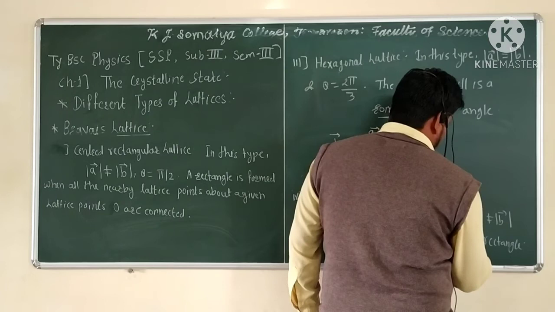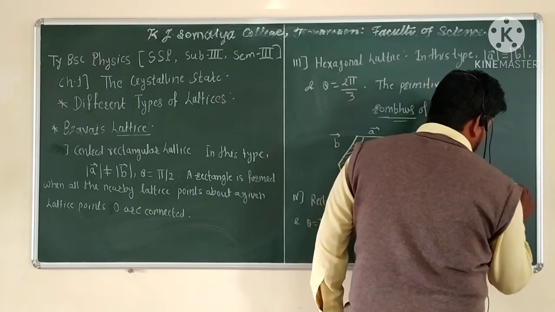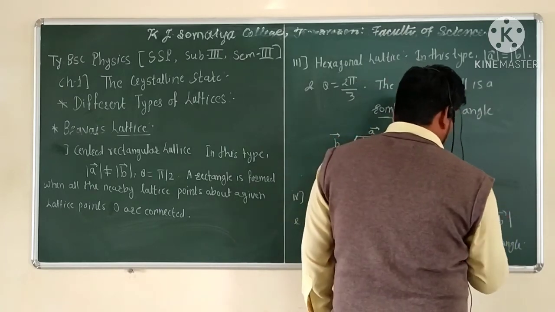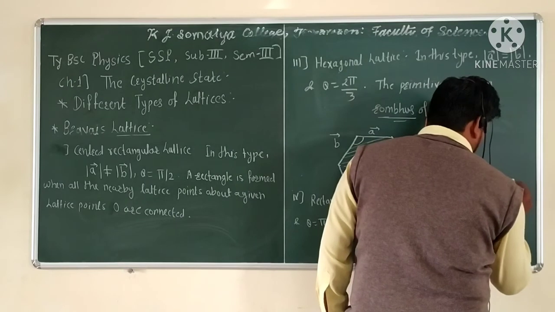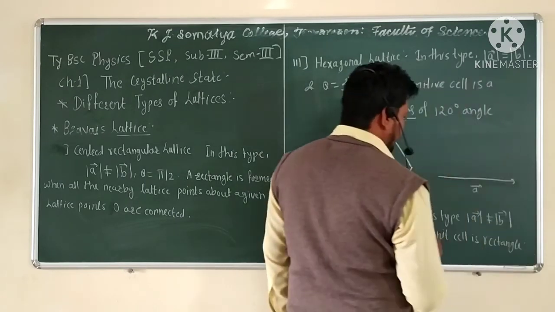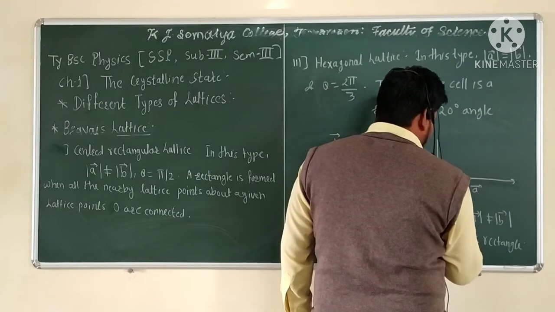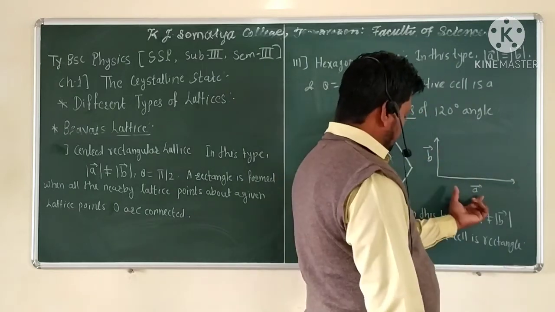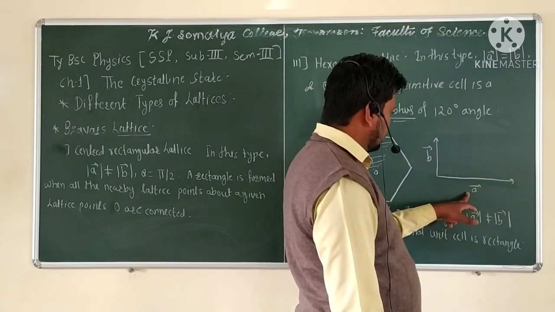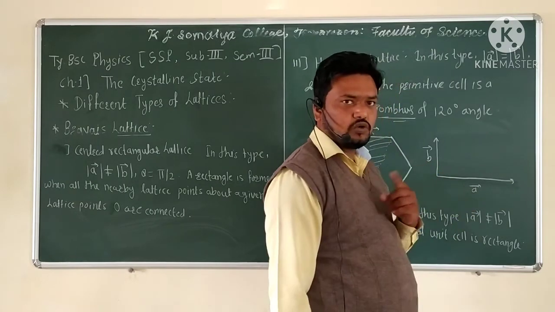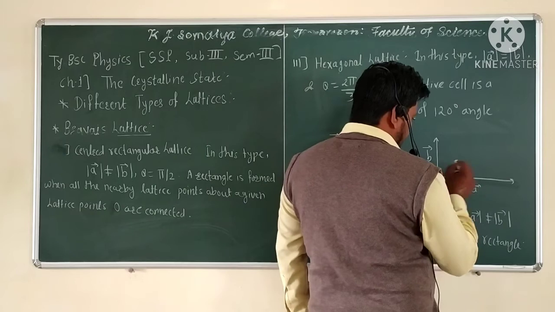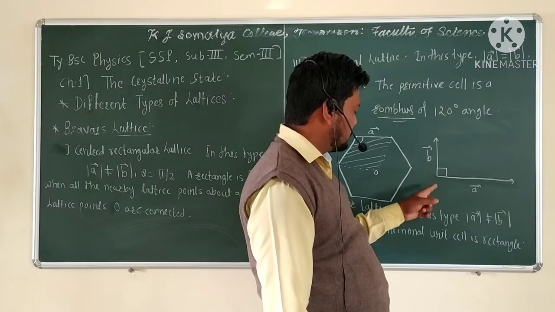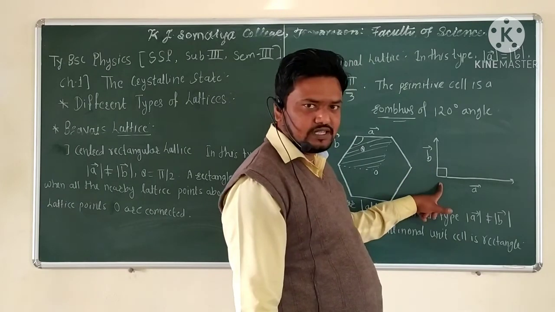For example, this is vector a bar and this is vector b bar, and the lengths of vector a bar and vector b bar are not equal, and the angle between a bar and b bar is pi by 2, that is 90 degree.